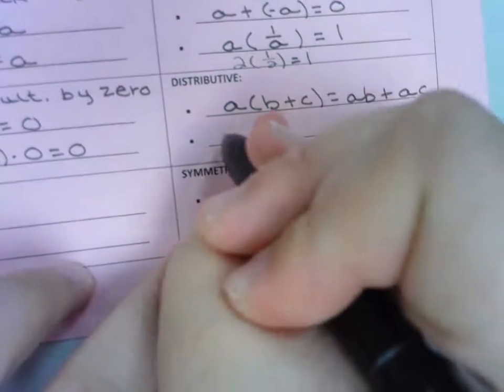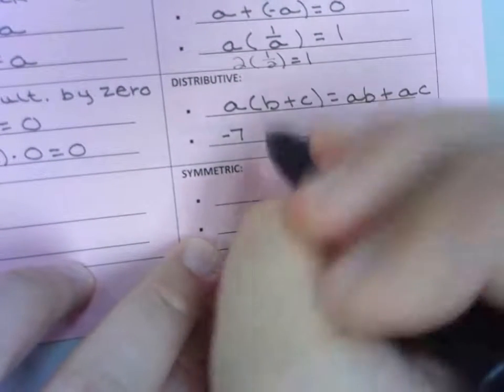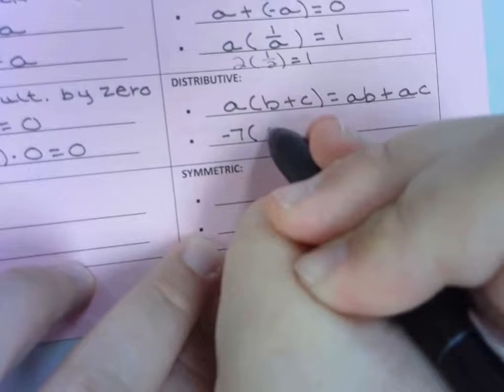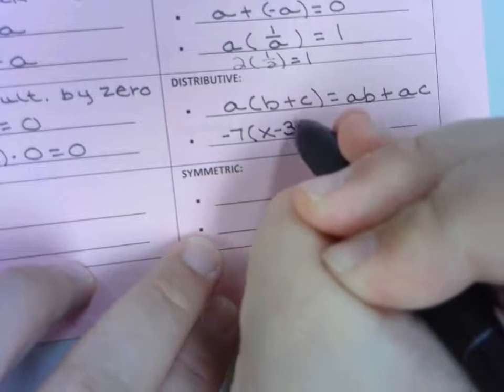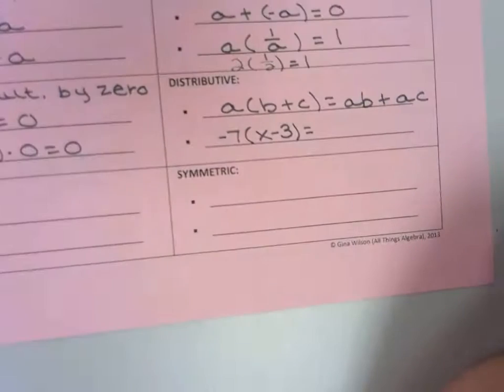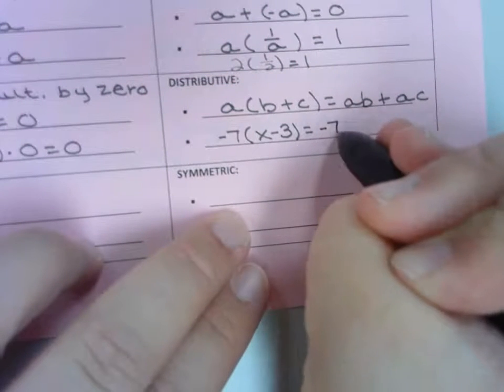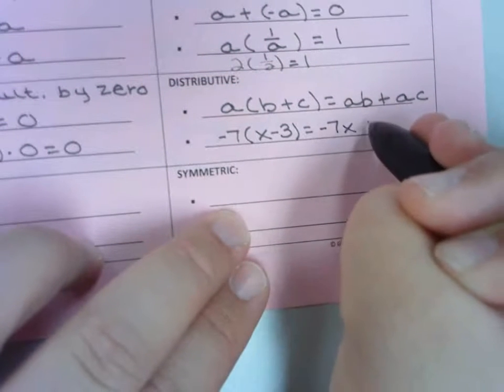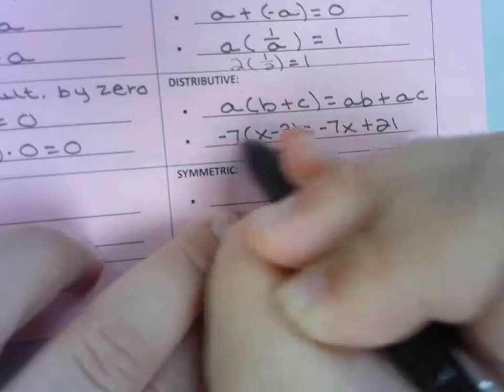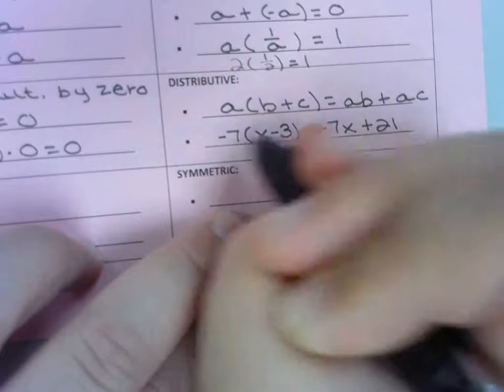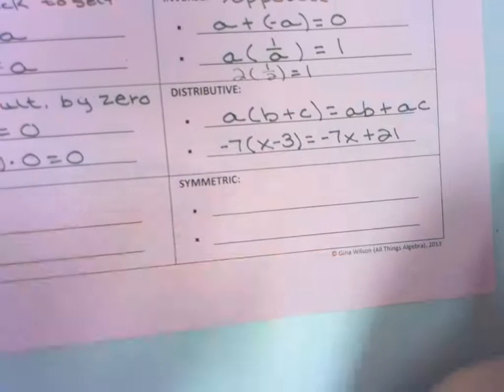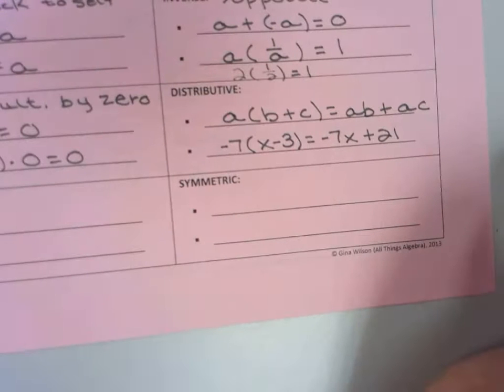If I look at a concrete example, it's hard to think about it in terms of letters. If I have negative 7 times x minus 3, and I want to distribute it, that will give me negative 7x plus 21. Negative 7 times x, negative 7x. Negative 7 times negative 3, positive 21. If I had to guess, distributive is probably the easiest for you guys out of all of them. You hit that hard in middle school.